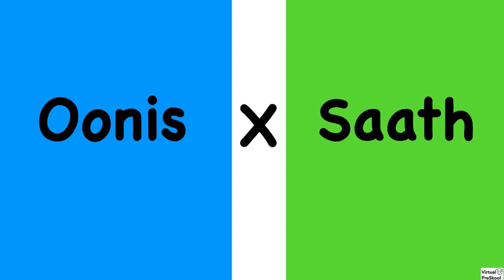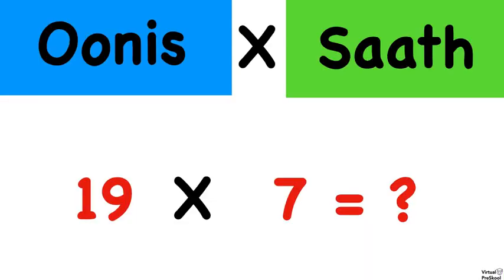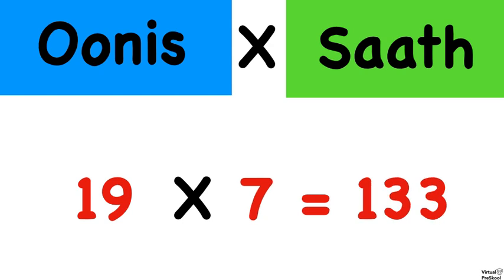All right, 19 times Saath is 19 times 7. So now do the math problem. What is 19 times 7? All right, 19 times 7 is 133.